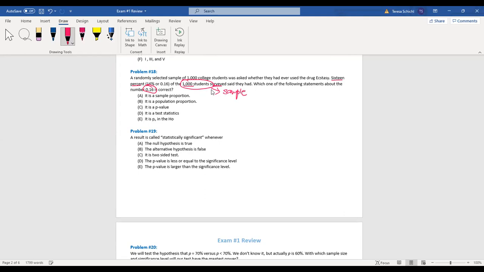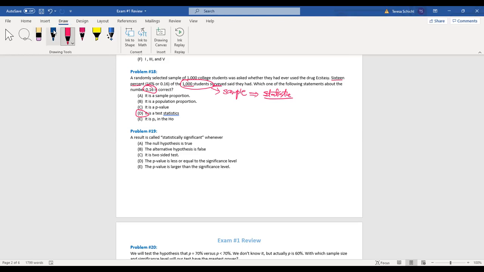So 16% is based on the sample. If it's based on the sample, then it's a statistic, right? So if the data is based on the sample, it's a statistic. If the data is based on the population, it's a parameter. So what is it here?